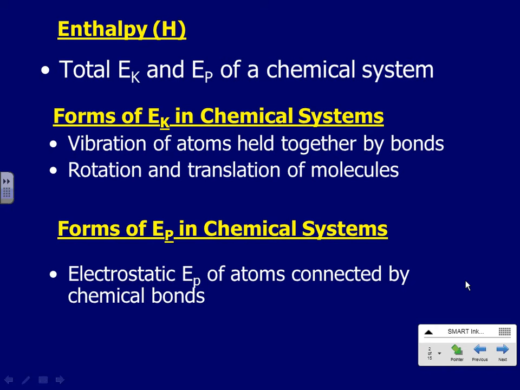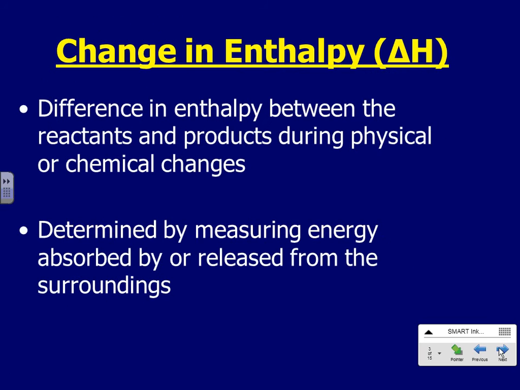But it's the bonds that are holding those atoms together. And in a chemical system, if you take the total amount of energy, the kinetic energy, the energy of the moving particles, and the potential energy, the energy stored in the bonds, and you add them up, you get what we define as chemists as being enthalpy, all right?